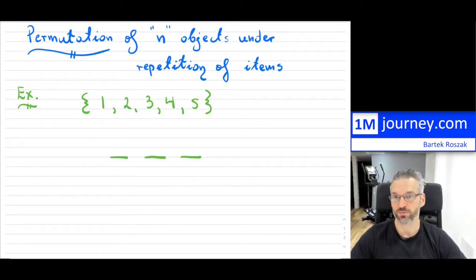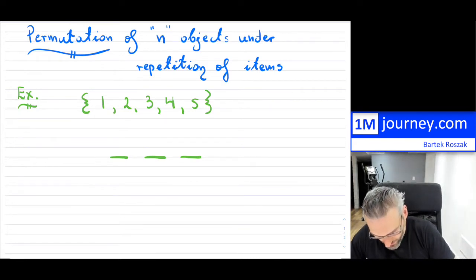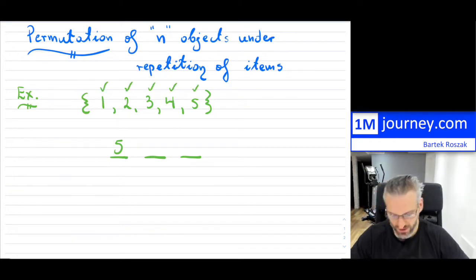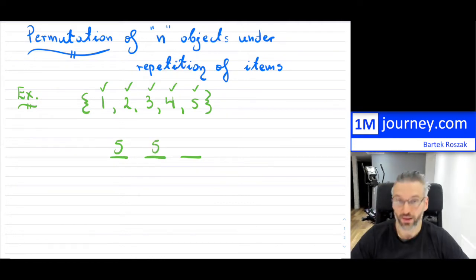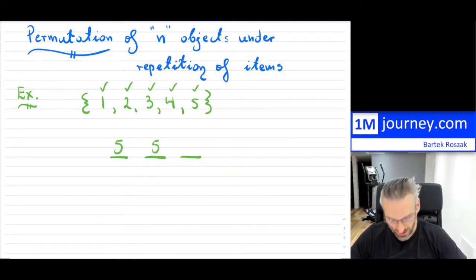Going back to things that you have done already in organized counting, when you're utilizing the multiplicative principle, if we're allowed to repeat these particular digits, then in the first spot we can put 5 different digits. In the second spot we can also pick all of them because they can repeat. And in the third spot, again, we would pick all of them.